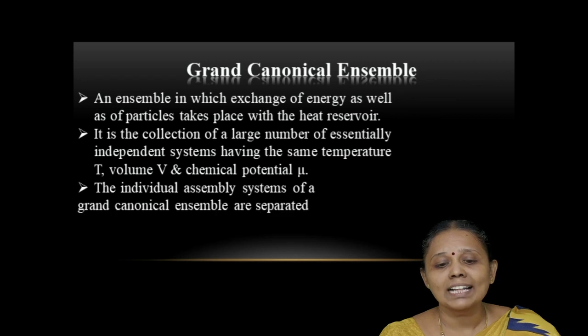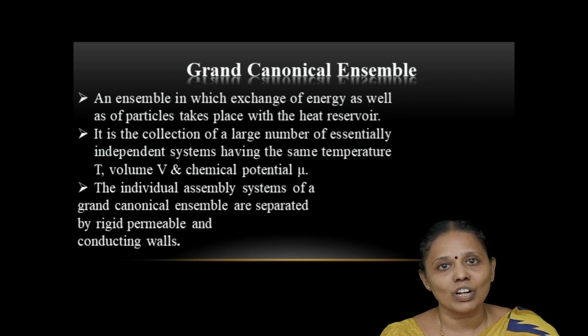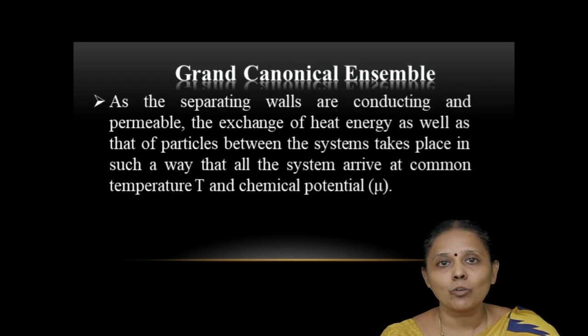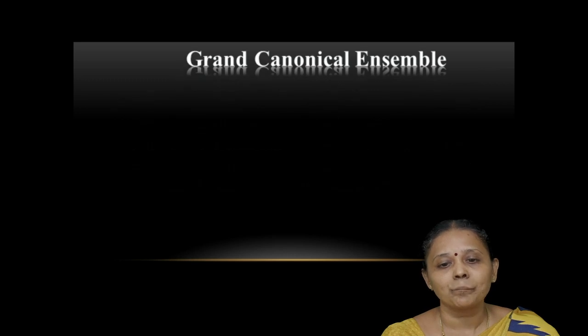The individual assembly systems of a grand canonical ensemble are separated by rigid, permeable, and conducting walls. Therefore, exchange of energy as well as the number of particles takes place, so it attains a common chemical potential within the system.